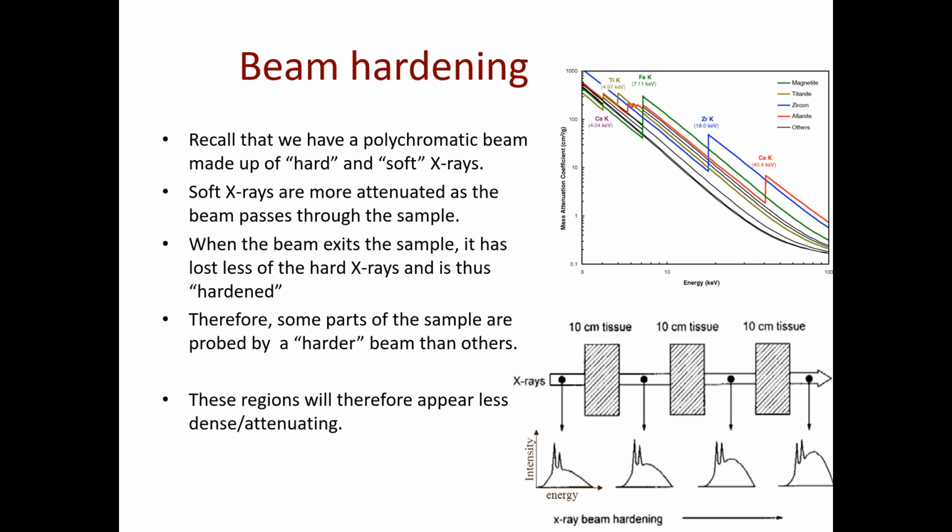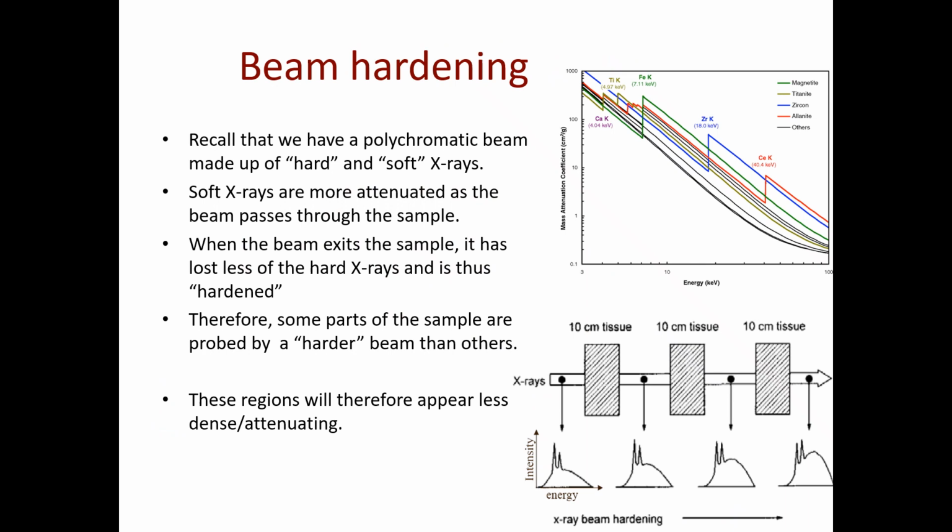Now, there are issues that we mentioned already with beam hardening. Okay, so if I have a polychromatic beam, meaning that it's a composition of different electromagnetic waves and it has both hard and soft X-rays within, then different X-rays will interact with your material differently. And soft ones are attenuated more as you're going through.